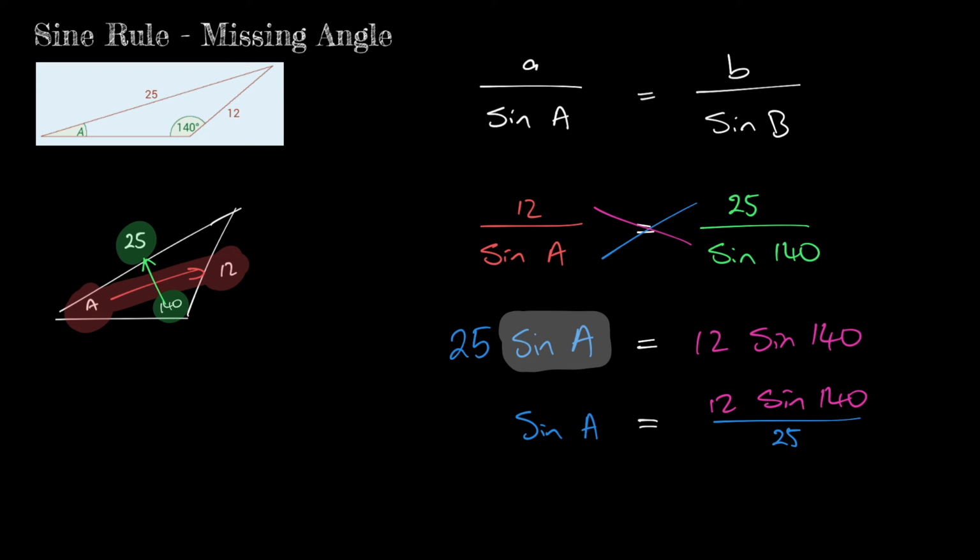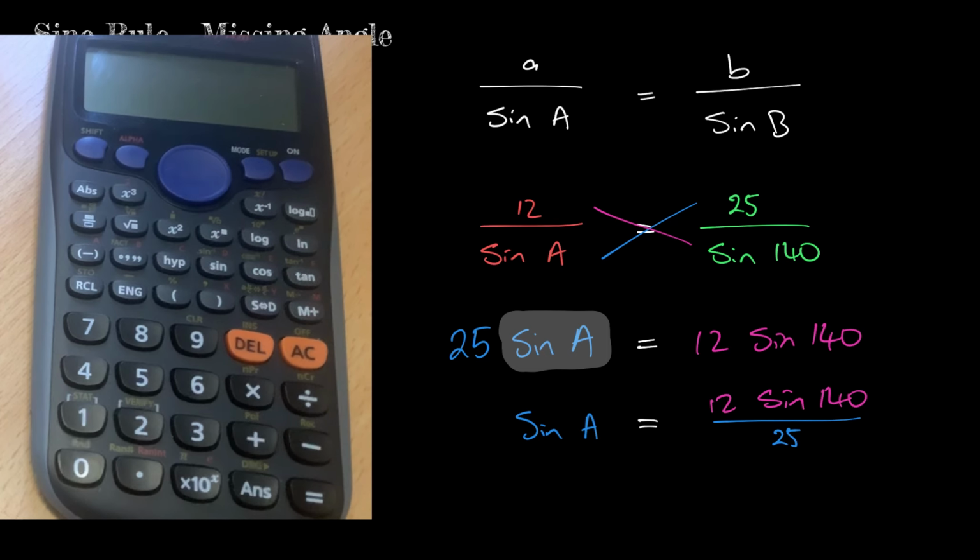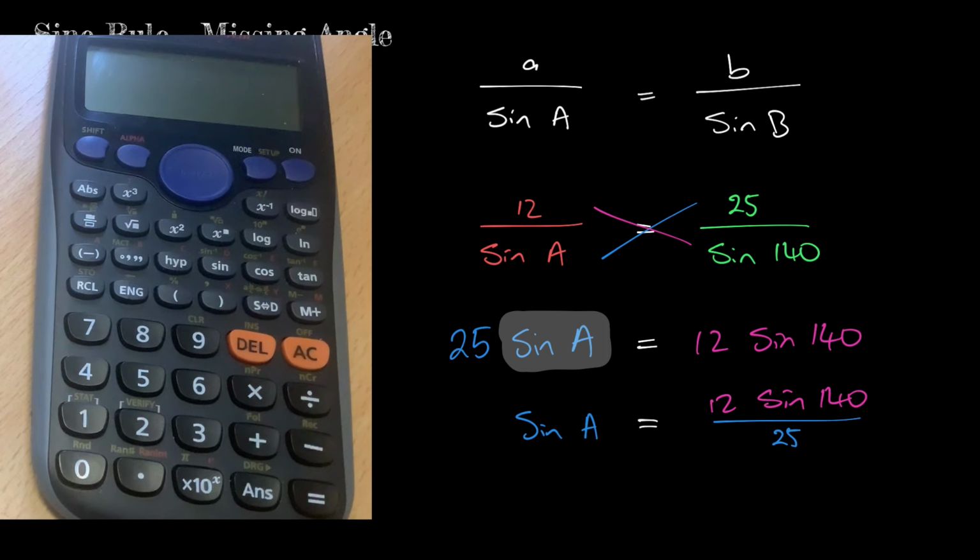So that brings us to the next part. So what we're going to do now is we're going to type this into the calculator. What we need to do first, before we type it into the calculator, is we need to get the A by itself. Okay. So in this case here, you can see what we're looking at is sine of A. I don't want sine of A, I just want A. So in order to get A by itself, I need to do the inverse operation.